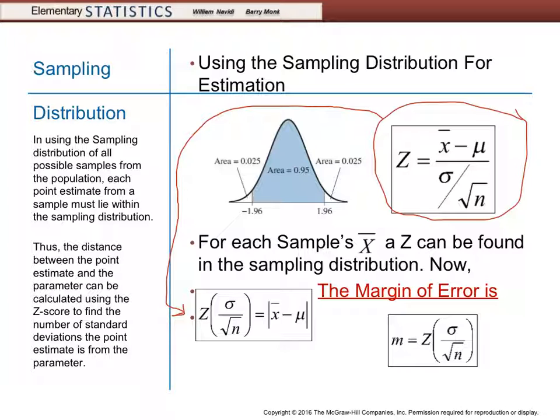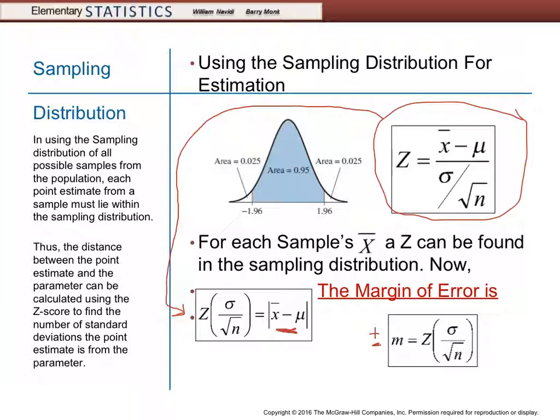Whenever we take the inside portion of the sampling error, this can either be negative or positive. X bar could be less than mu, or x bar could be greater than mu. But because it's an absolute value, the value is always considered positive. When we take off the absolute value signs, the margin of error now becomes a plus or minus situation.